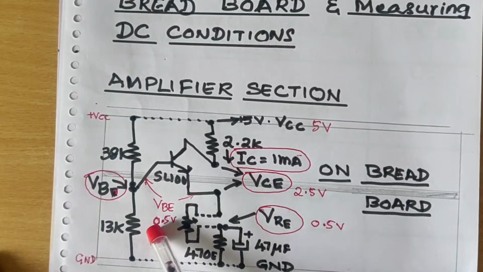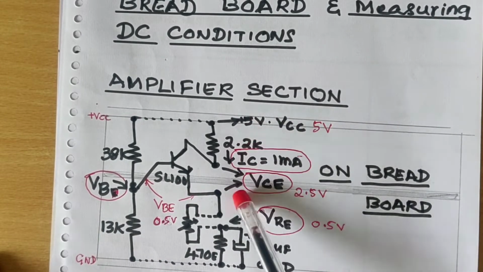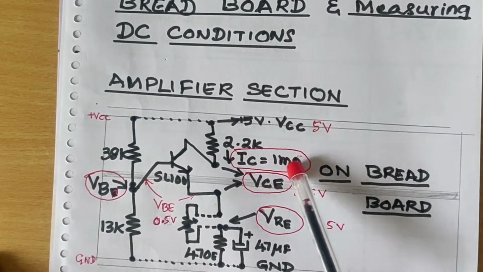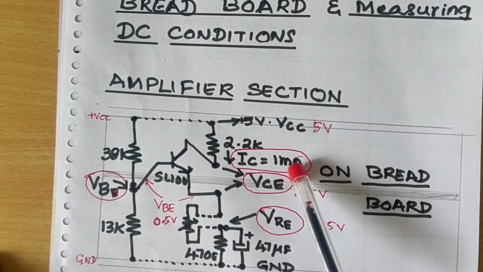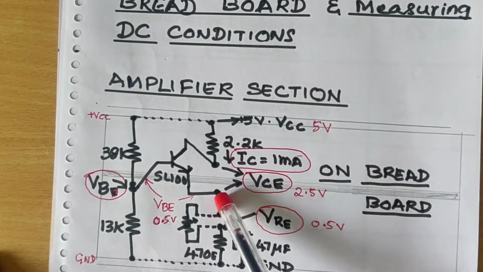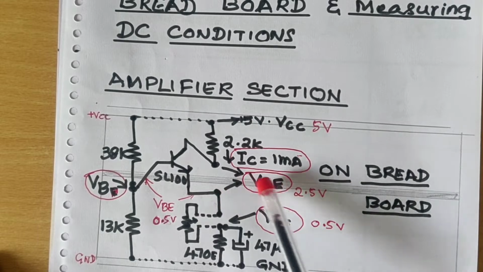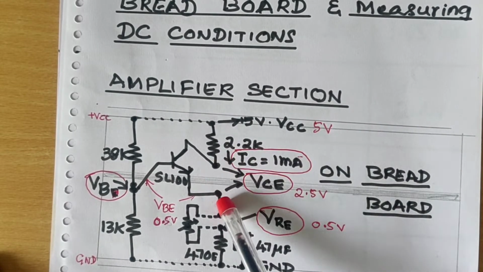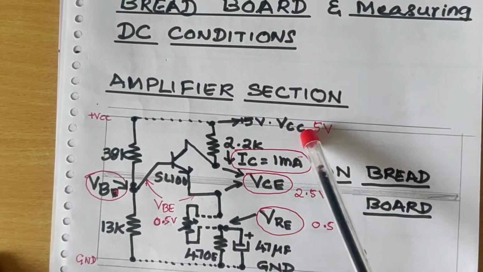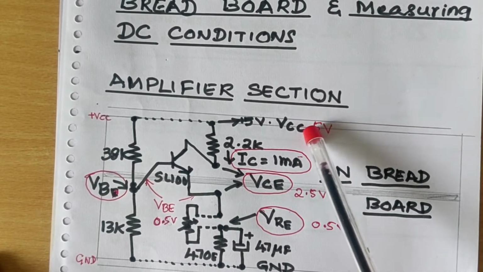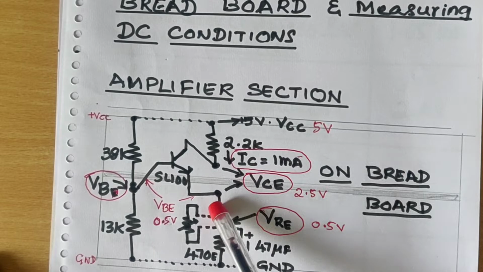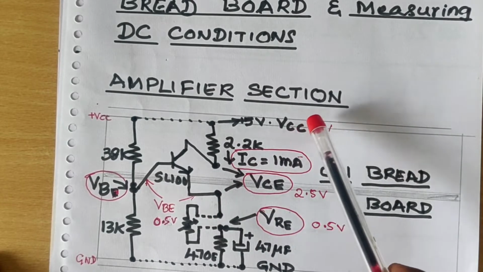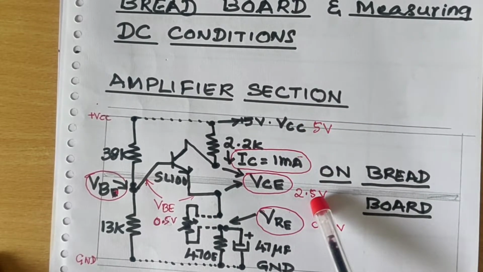Vbe should be 0.5. Because the amplifier is designed for a collector current of 1 milliamp, that has to be checked, and the voltage between collector and emitter, directly on the transistor, should be half of the VCC voltage. We have to maintain this voltage exactly half of the VCC voltage. That also we are going to measure practically.